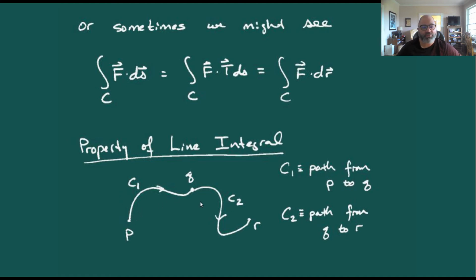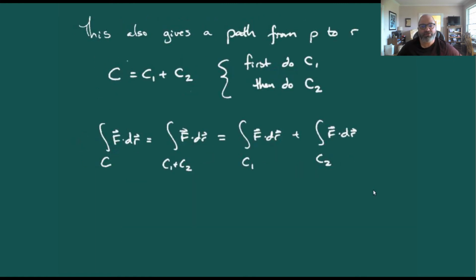Now, one nice property about these line integrals is that suppose we've got a curve C1 that goes from P up to Q, then we've got another curve that goes from Q over to R, and that's our C2.